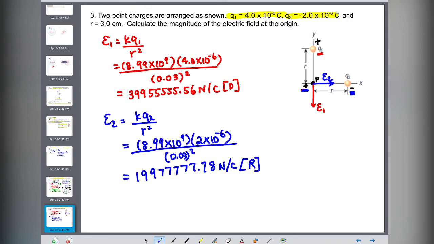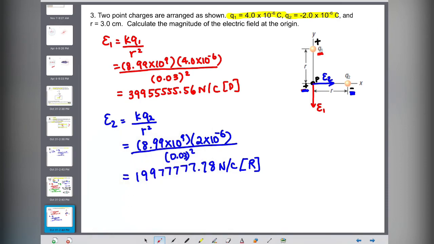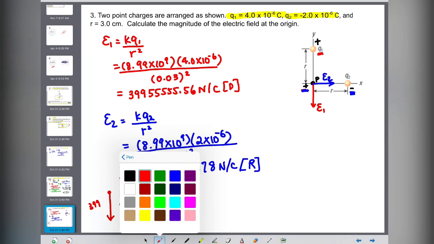Okay, so I got two epsilon vectors. We're not talking about forces, but we're talking about the field. But they're vectors, one that's going down and one that's going to the right, and I need to find the net field. So that means I need to do a vector diagram and figure out what is the overall. So I'm going to have this 399, I'm not writing all the numbers out for now.